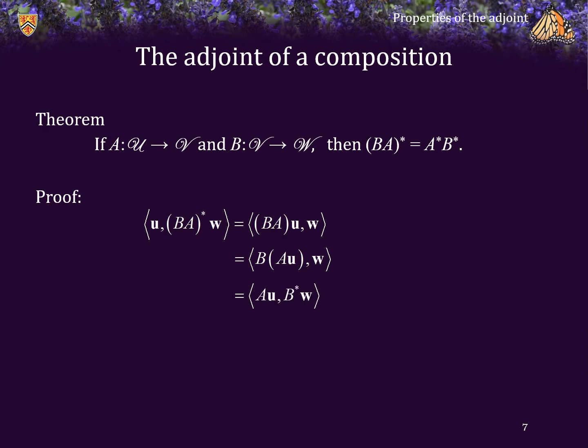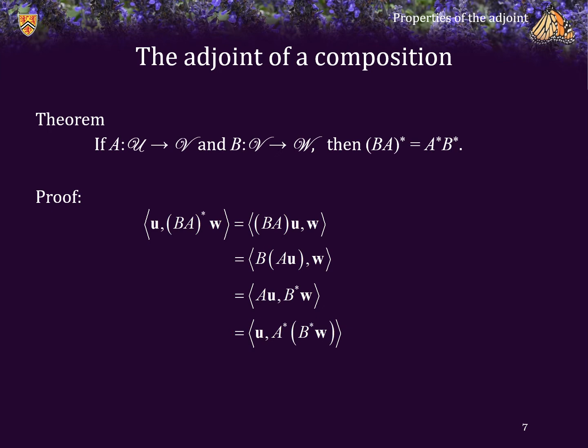So let's bring that to the other side. So now A times u is in V. B star times w is also in V. So we are taking the inner product of two vectors in V. Consequently, I can now bring over the linear operator A to the right-hand side.